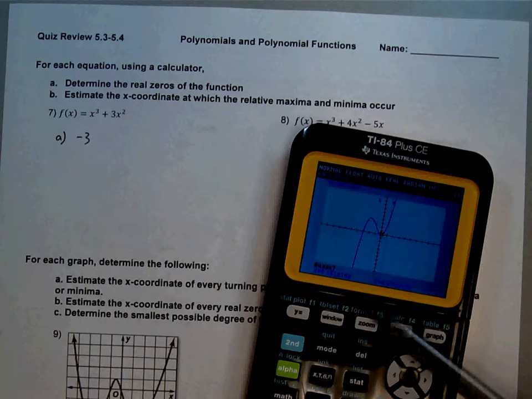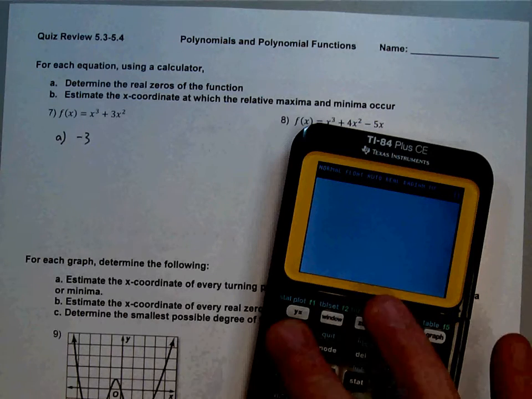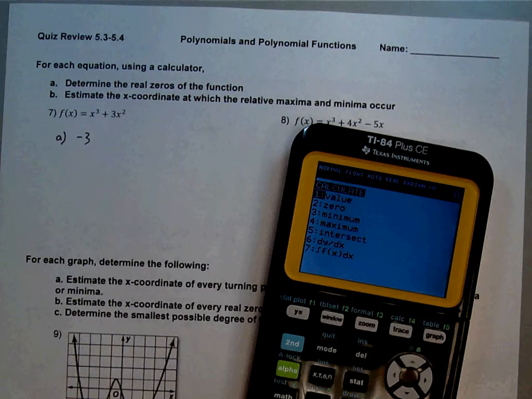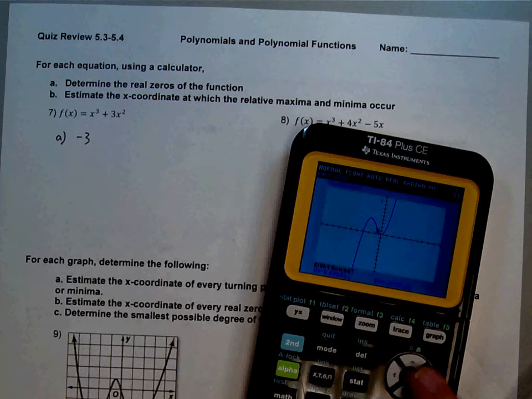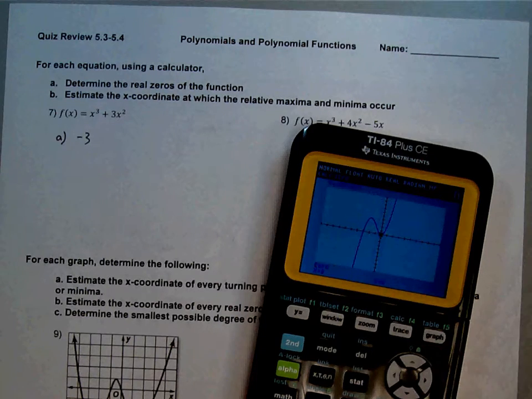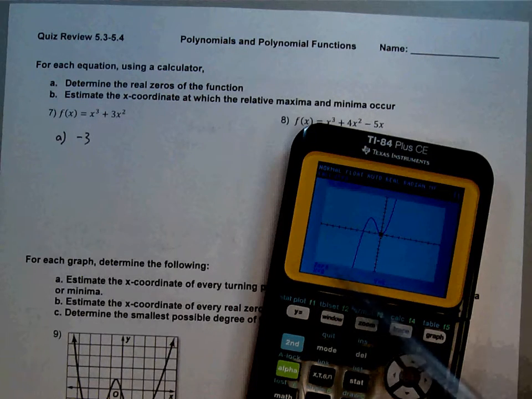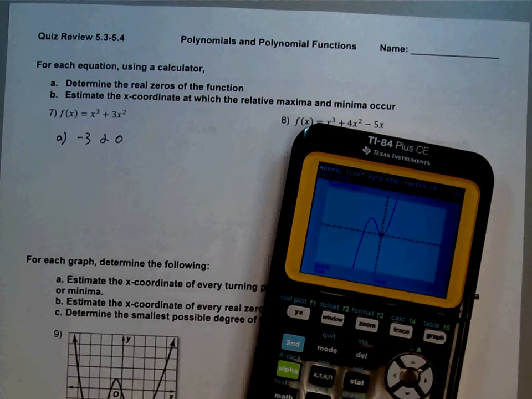And it will tell me, oh, I didn't hit it. Oh, no sign change. Okay, we had a problem. Not sure what happened. Let's try it again. Second calc 0. Left bound. Okay. Right bound. I guess. Let's try that. 0 is x equals 0. Okay, I'm not sure what happened the time before, but we got it now.